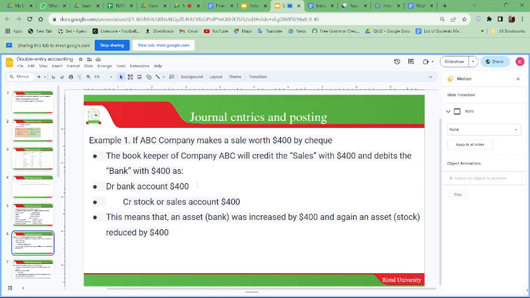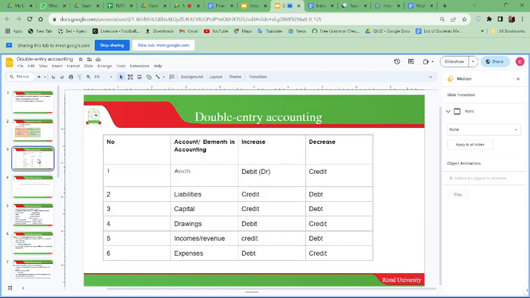For example, you have to know all the examples of assets and all the examples of liabilities and equity. You have to know them before doing this, because it will help you to identify an asset, to identify a liability, and you will relate it to our rule.